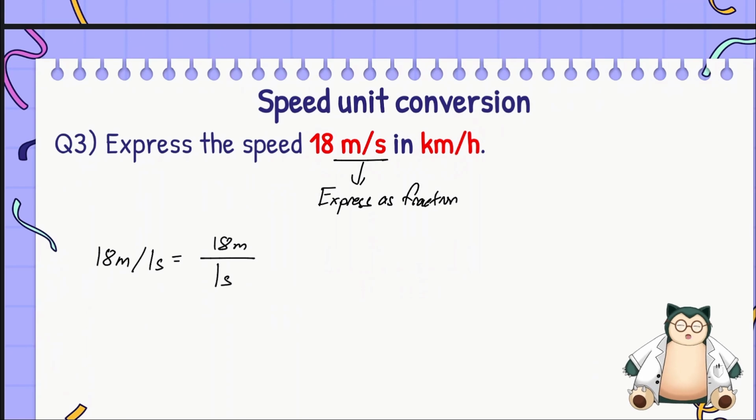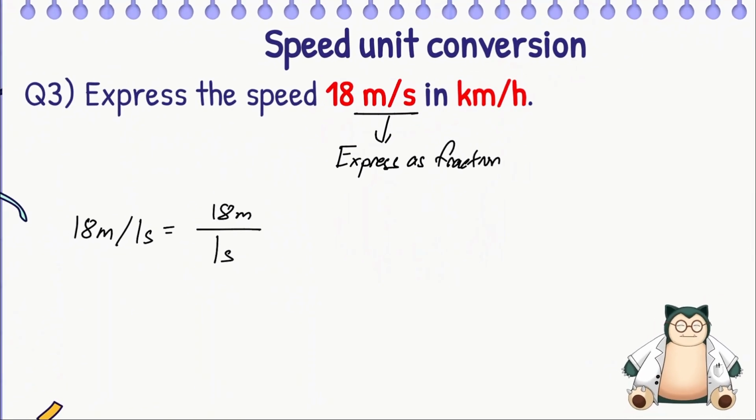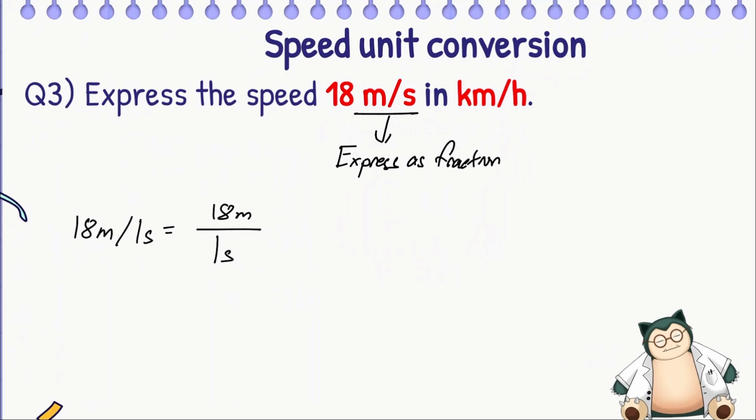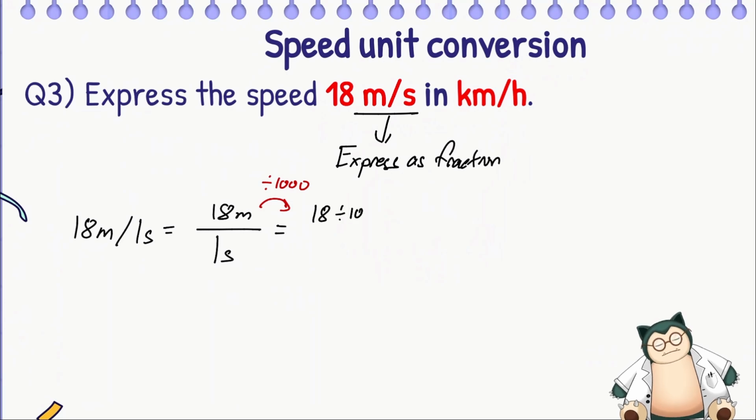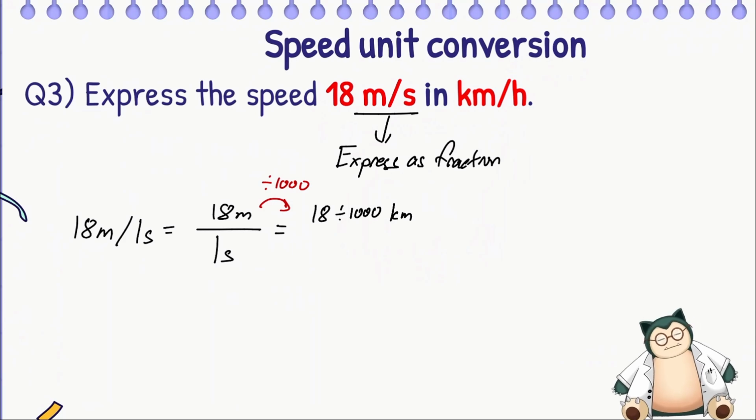Now, if from kilometer to meters we multiply by 1000, then meter to kilometer we just do the opposite, which is dividing by 1000. So we divide by 1000 and we'll get 18 divided by 1000 kilometers. But what about seconds to minutes? Same thing, we also divide by 60, the opposite.